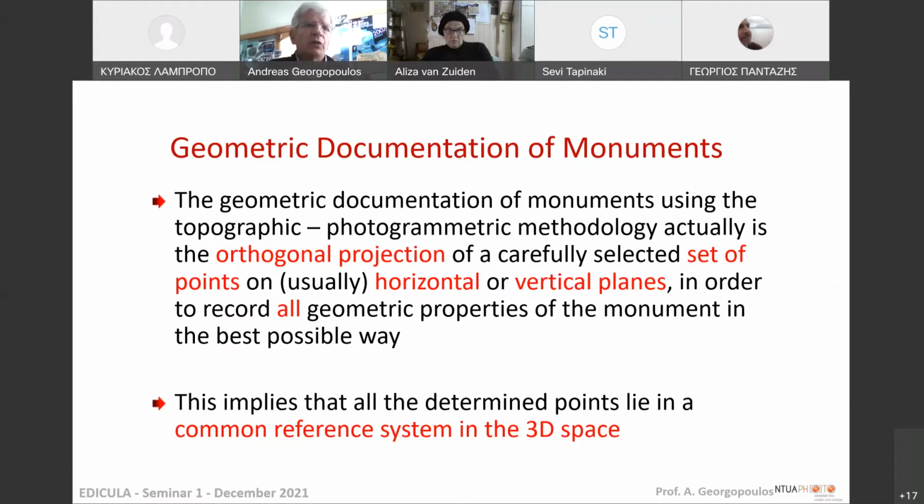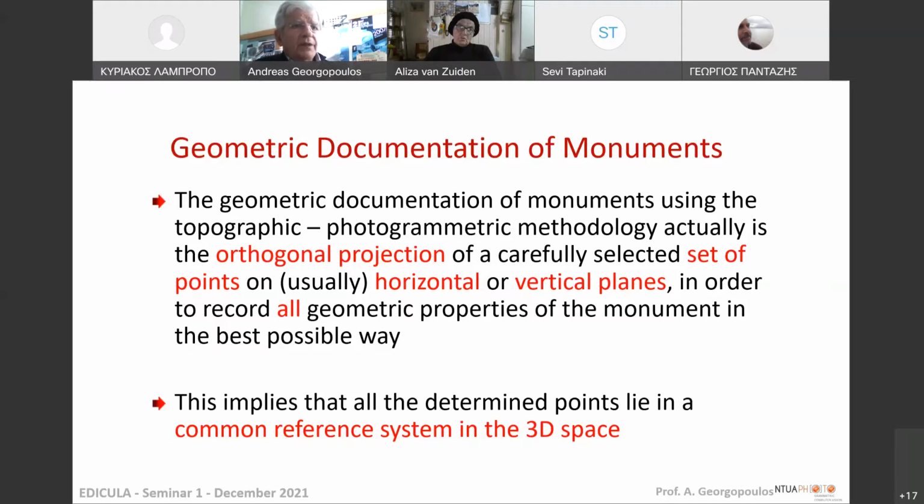And the scope of that is to record all geometric properties of the monument in the best possible way. So we want to relate to the expert that is going to use our products how the monument is shaping in 3D space, what its size is, where it is positioned, etc. Okay.